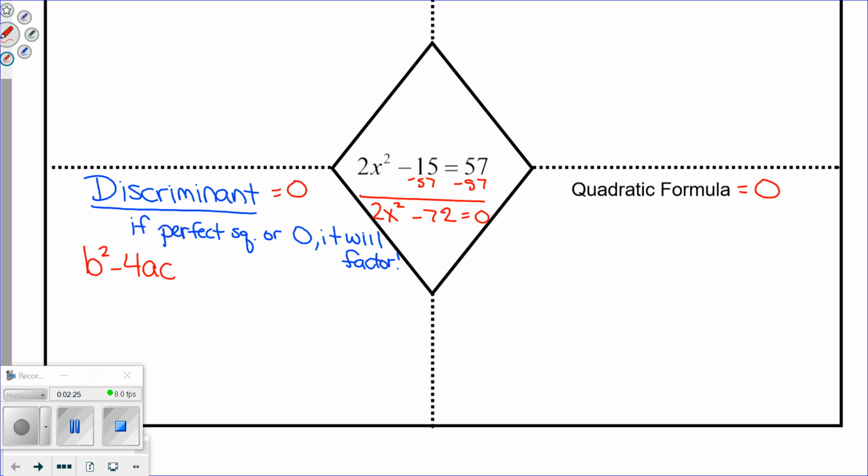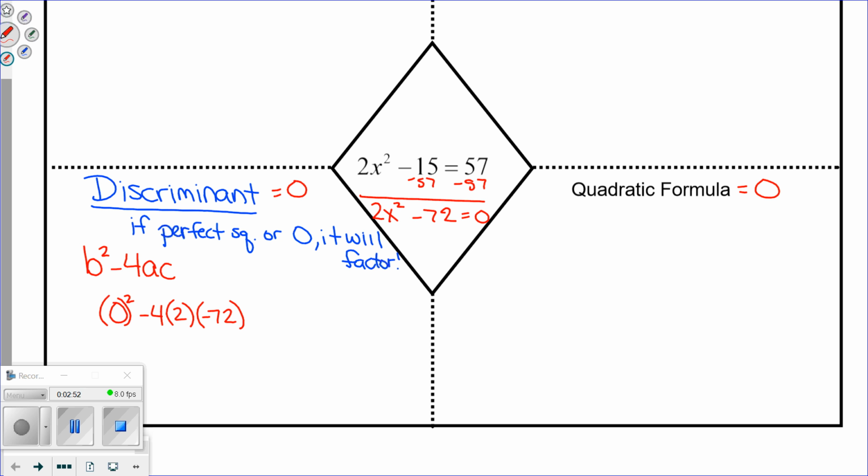Okay, so looking here, what's my b value? 0, because there isn't one. So 0 squared minus 4 times, what's the a? 2 times the c, negative 72. Now, if this equals out to be 0 or a perfect square, then I know it factors.